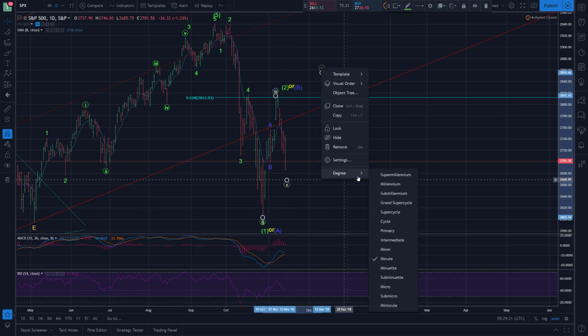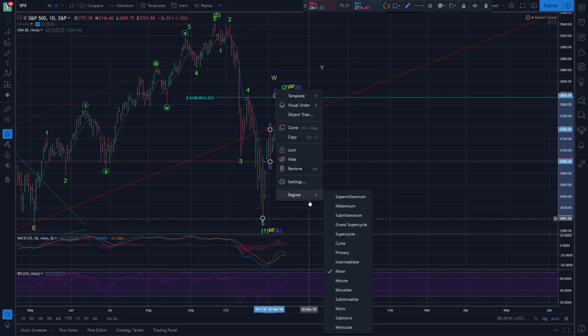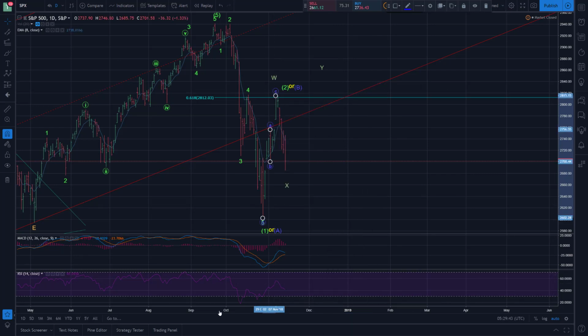And let me just bump the degree up a bit on that one to minor. So it could just be ABC up for W, in which case the ABC up would have to be dropped down to that degree, as it would just be the subdivision of W. And then we're coming down in wave X, make a higher low, and then go up in wave Y.